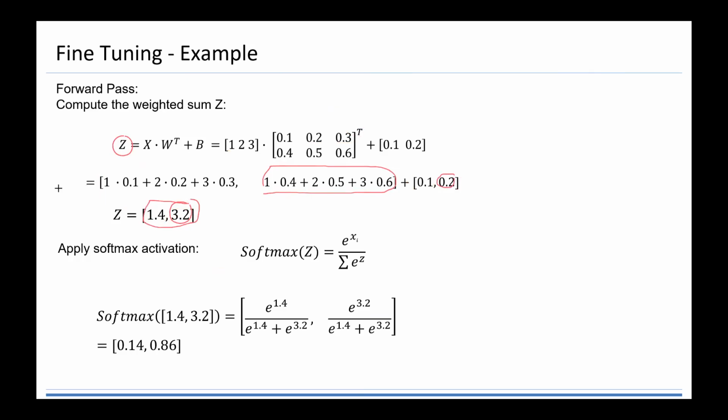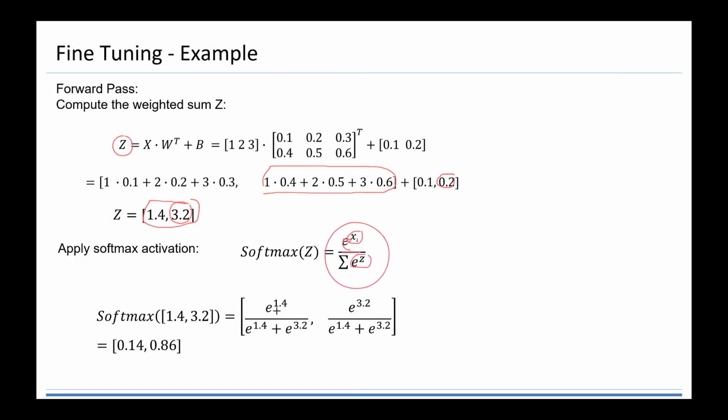Whenever we do the neural network, we need to also calculate the activation function. Okay, so let's use the softmax activation function with this formula. So e to the power of xi divided by the sigma of e to the power z.